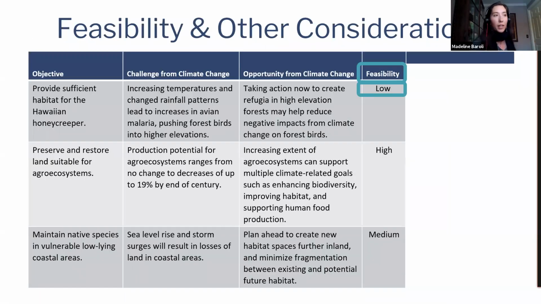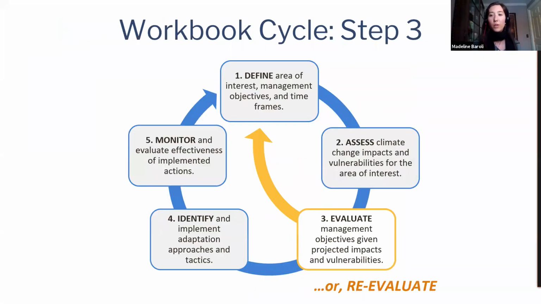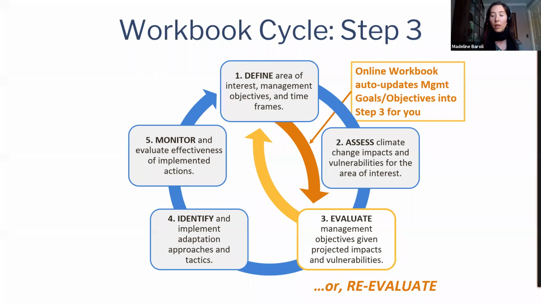So if you find that you have a management objective with low feasibility, for instance, taking action to create refugia in high elevation forests, maybe that's something that you don't see as being very feasible. You do have the chance to go back and access step 1 of the workbook and modify that objective. And one cool feature of the workbook is that it will automatically update all of your edits.